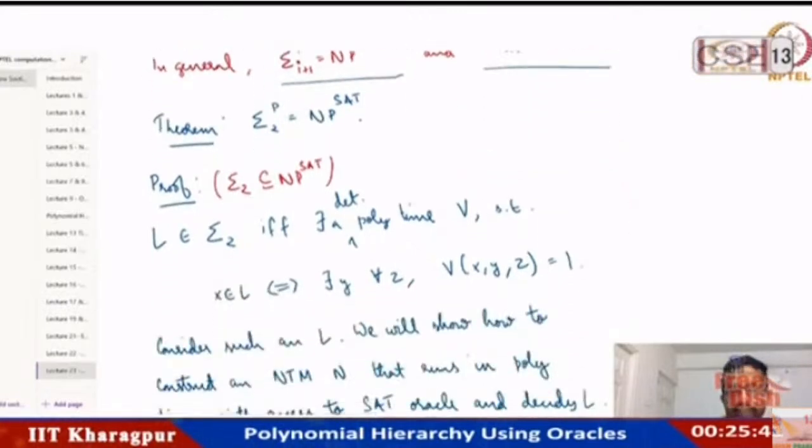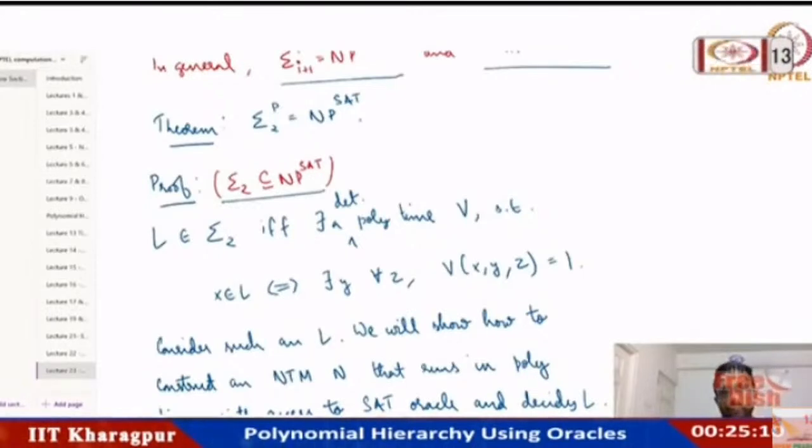Like I said in lecture 23, whenever we want to show that class A is equal to class B, we show containment in both directions. So we'll show the left hand side is contained in the right hand side and vice versa. Let us do the first direction, that sigma 2p is contained in NP with access to a SAT oracle.